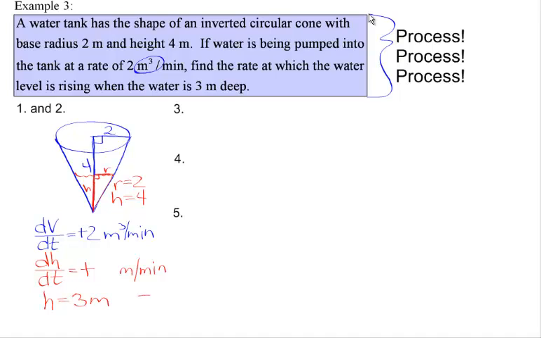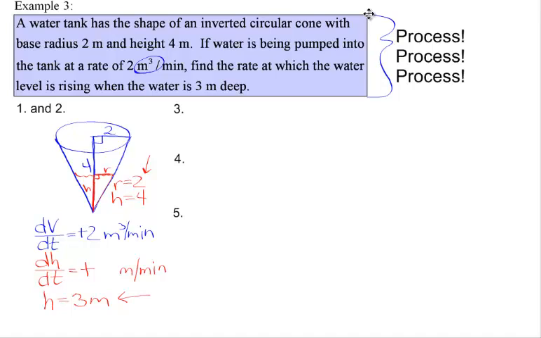So there is the one instance where they want me to answer this question. This relationship is always true no matter what: the radius is 2 when the height is 4. So there's all of the information. There are steps 1 and 2 in our process for answering a related rates problem.